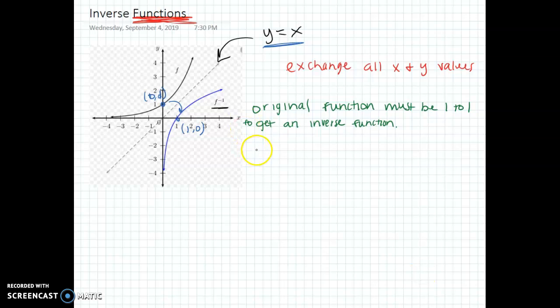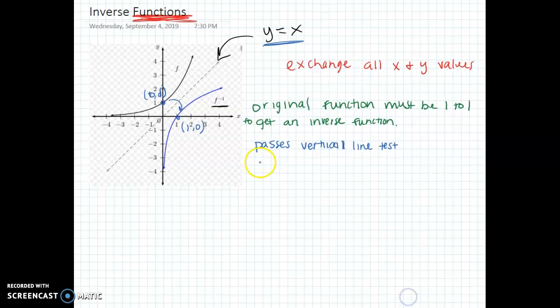Remember, a function that is 1 to 1 passes two tests. It passes the vertical line test, which makes it a function, and it also passes the horizontal line test, which makes it 1 to 1.